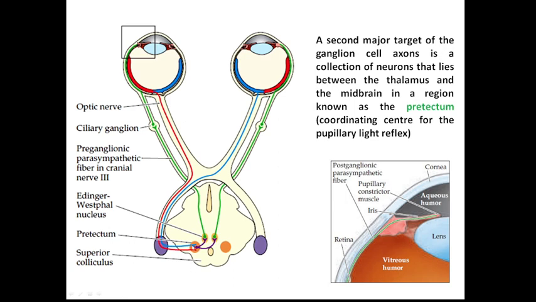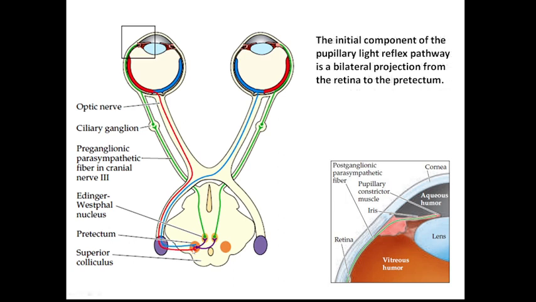Here you can see the pretectum nucleus. It is getting connections from the lateral geniculate body, and this pretectum is again giving connections to another structure called the Edinger-Westphal nucleus.